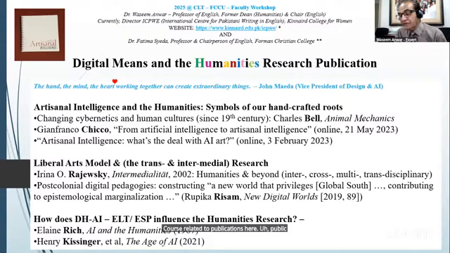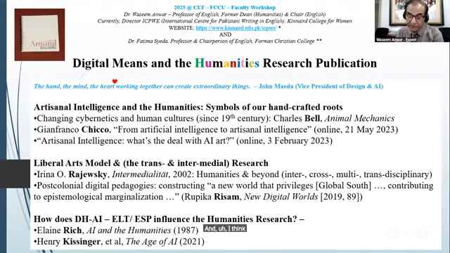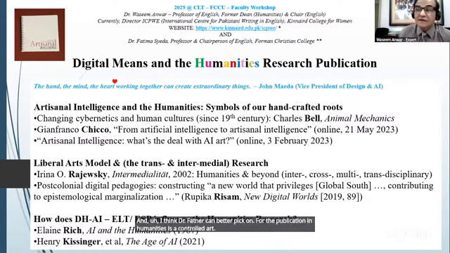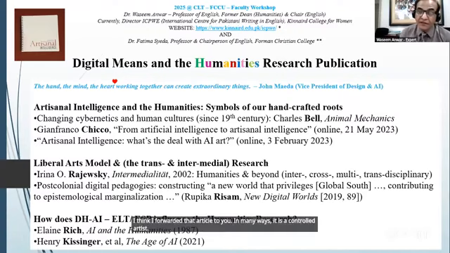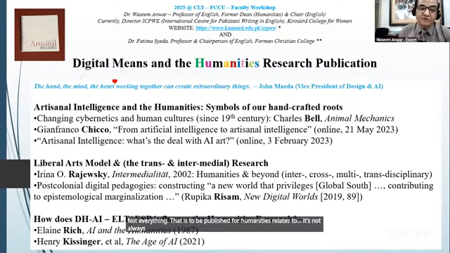Publications, of course, are very important. And I think Dr. Fatma can better pick up on whether publication in humanities is a controlled art. I think I forwarded that article to you. In many ways, it is a controlled art. Not everything that is published in humanities is quantitative, to come back to a very simple point again.